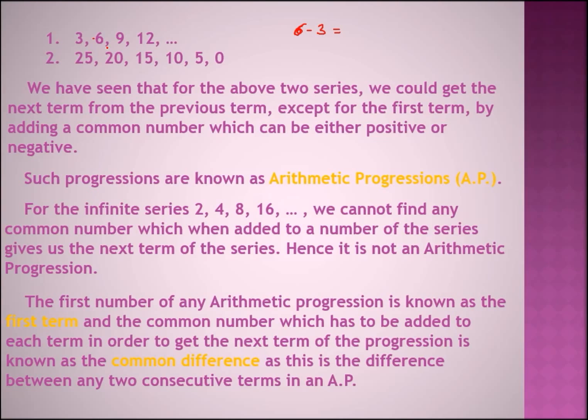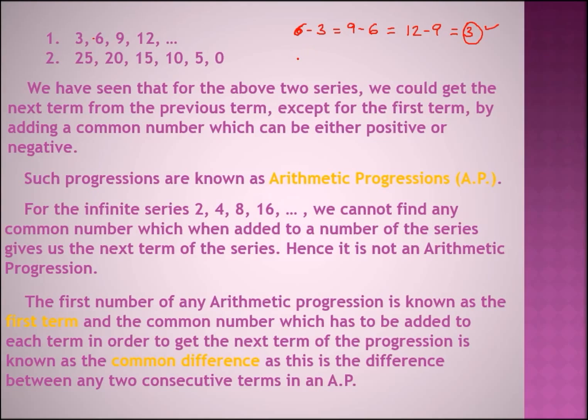If we do third term minus the second term, 9 minus 6 again equal to 3. 12 minus 9 again equal to 3. So this 3 is the common difference. So throughout an AP there will be this common difference, which is the difference between any two consecutive terms.